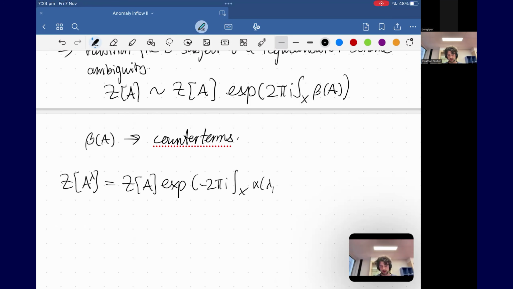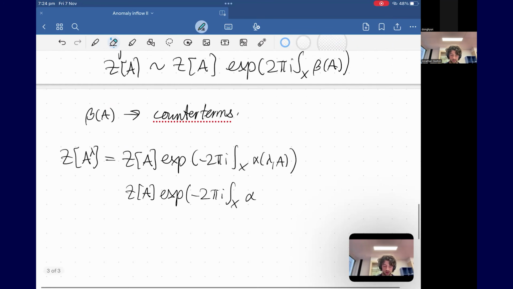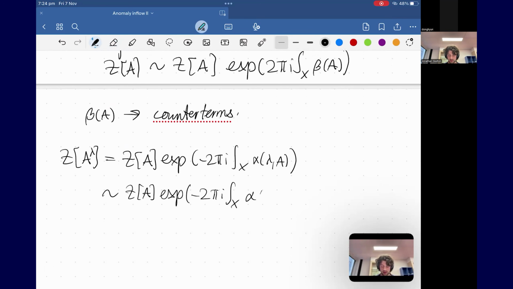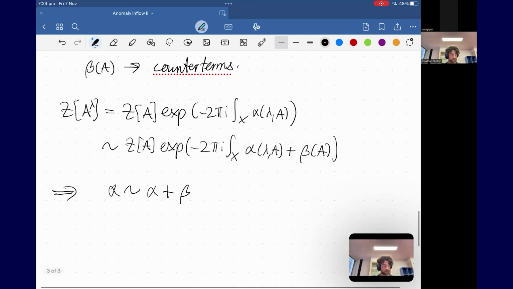This is what we had before, and then it's going to be equal to this, but then we can also add in the scheme term, which is equivalent to this one plus the scheme term. So in essence, what this says is that our anomaly field alpha will be equivalent to alpha plus beta.